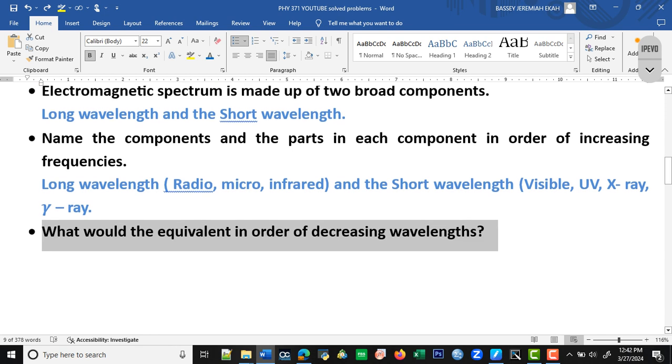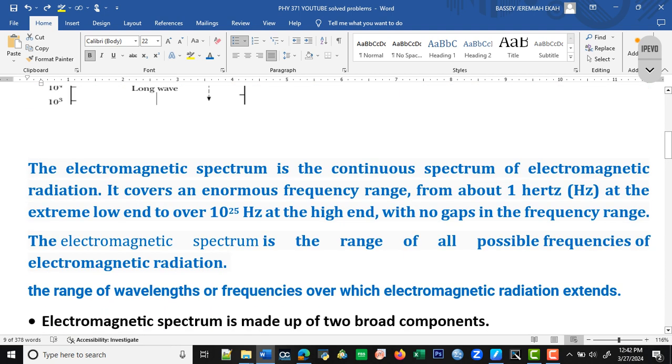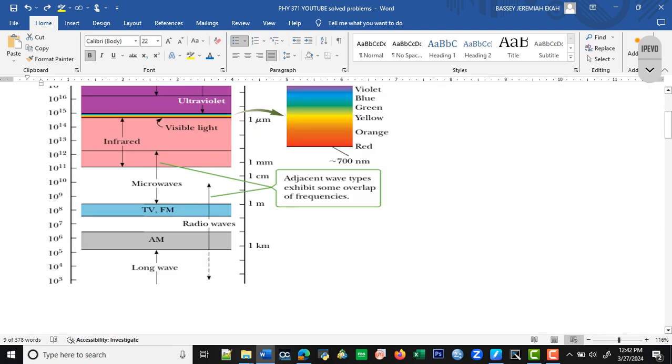The next question says, what would the equivalent in order of decreasing wavelength be? I have already explained this, that when we talk about decreasing wavelength, it's just the same order: radio wave, microwave, and all of that.